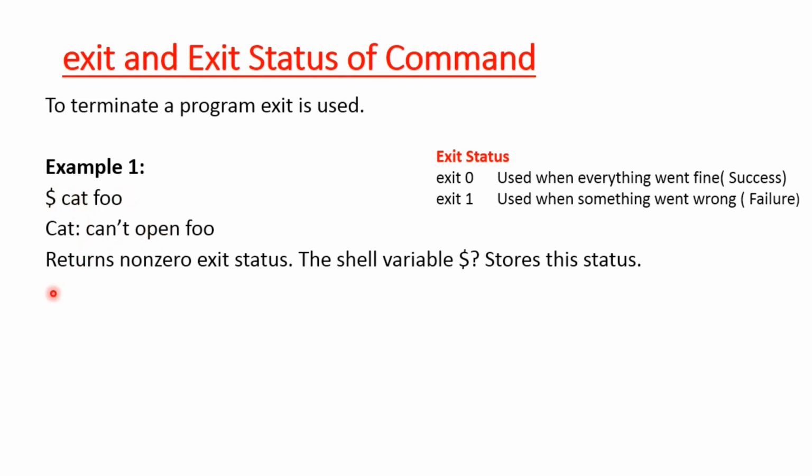This cat command failed in opening the file foo, so the command returns a non-zero exit status. That status is stored in the variable $?. All the exit status values are stored in the variable $?, so using that you can print the exit status.